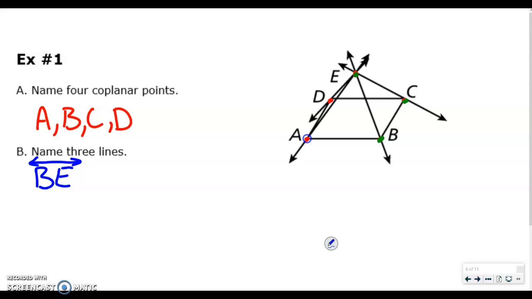E to C or C to E, either order. That would also be a line. D to E or A to E.